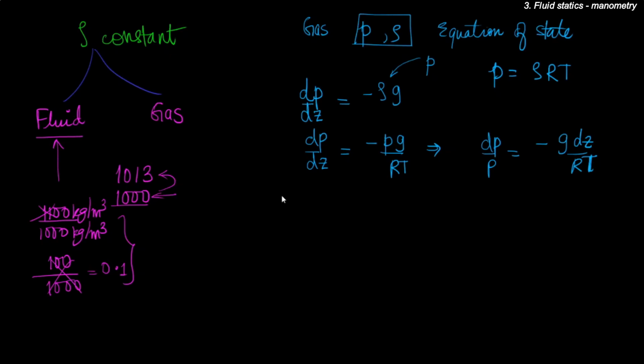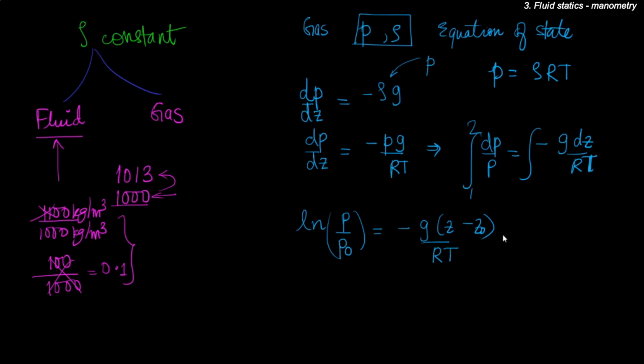So let me integrate this from points 1 to 2. So this will be ln P. Let me call the other point P and the original point P naught. So ln P upon P naught is equal to minus g Z minus Z naught upon RT. This is under the assumption that the temperature itself does not change with Z. Temperature is assumed to be a constant.